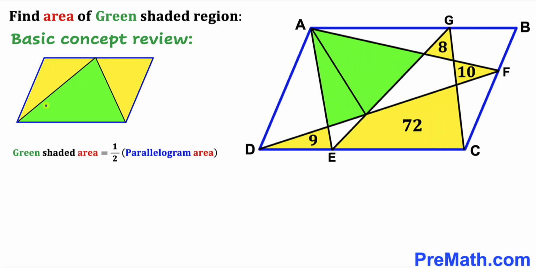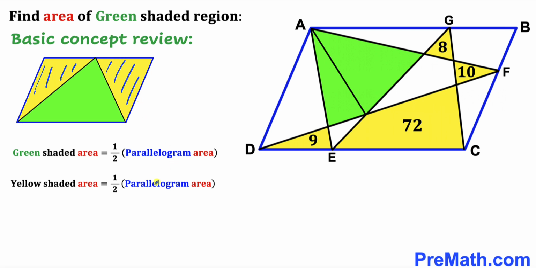Then we conclude that the area of this green shaded region is going to be equal to the half of this whole parallelogram area. And likewise, the combined yellow area of these 2 triangles is going to be the half of the parallelogram area as well.